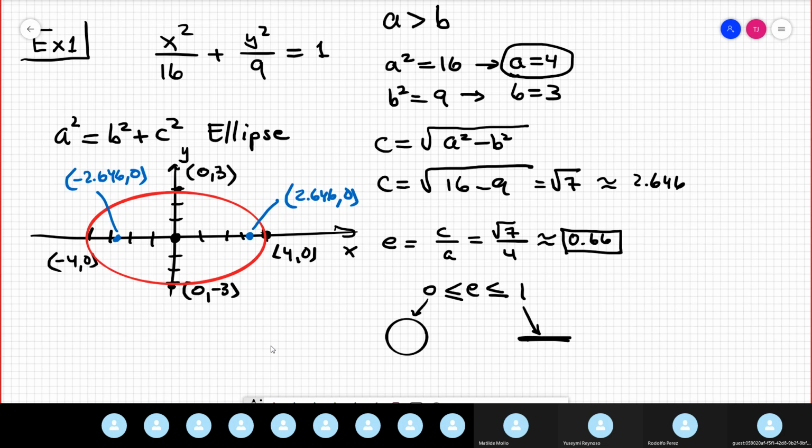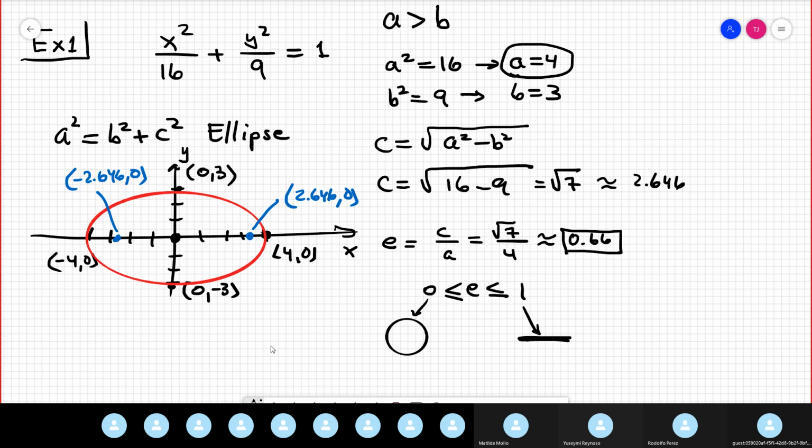Now that point is 0,5, and that point is 0,-5. And that point is 3,0, and that point is -3,0. I'm doing well or no? Okay, and see, here are the foci, the focal distance.